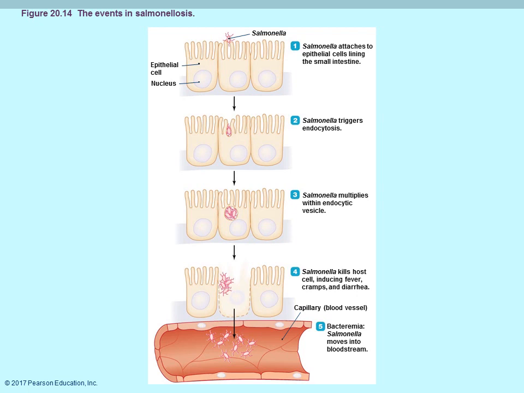This salmonella can also, because the capillaries are very close, because the purpose of the small intestines is to finish digestion and then absorb those nutrients, you have a very high blood supply right there. The salmonella can cross the capillaries and enter into the bloodstream, and now you've got bacteremia. The salmonella is in the blood, can go anywhere.